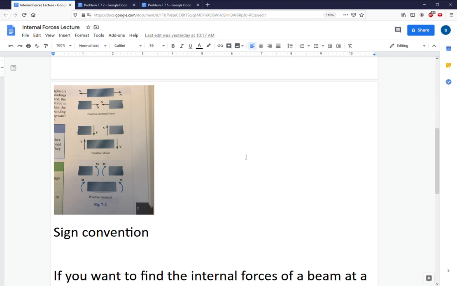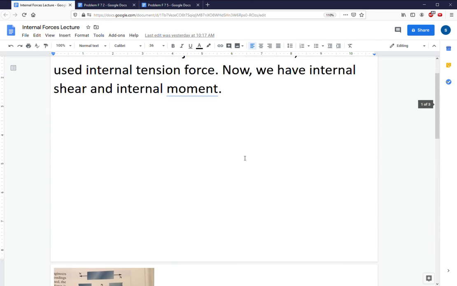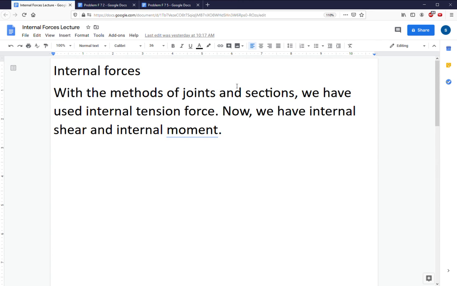In order to find the internal forces on the beam, one thing that we can do is mentally break the beam at the point we want to find the forces of. Now, when doing this for the method of sections, we mentally broke those beams to find their tensions on an object as a whole. But we generally assumed that there was just the one force acting in just the one direction.